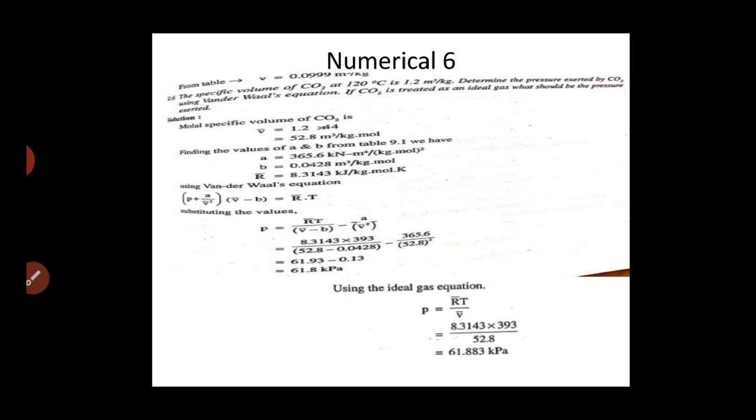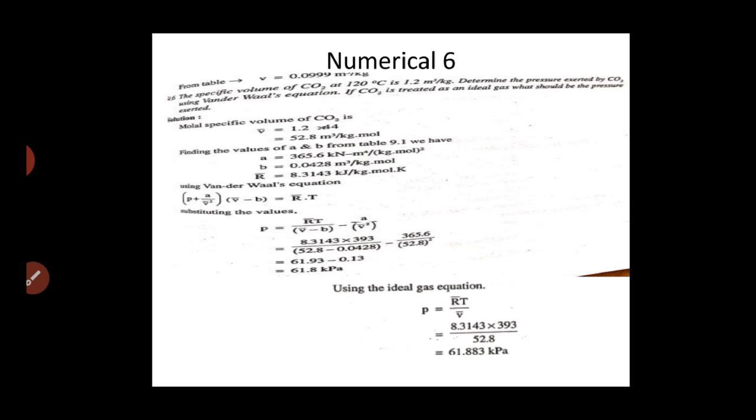Now we have to find out P, so we will rewrite this equation. P is equal to R bar T divided by V bar minus B, because the V bar minus B, which is multiplied on the left side, becomes division on the right. Then P plus A by V bar squared was there, so P remains.